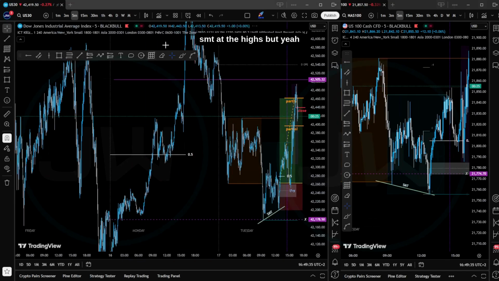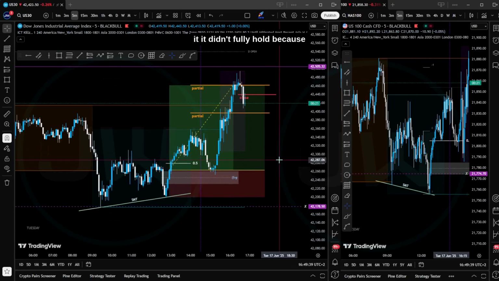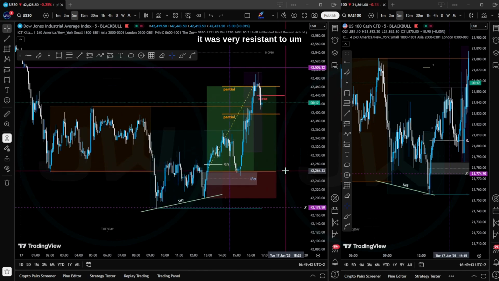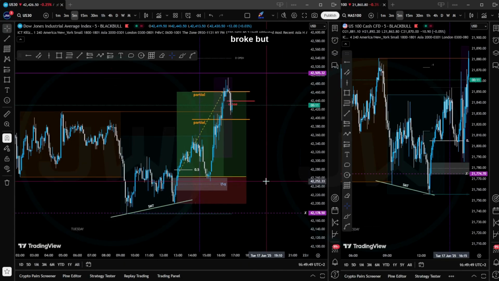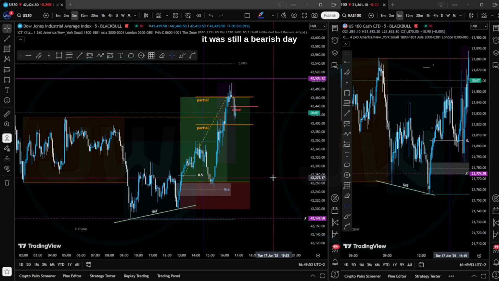We don't want our trade to end up like our previous trade. We had an SMT at the highs, but yeah, it didn't fully hold because it was very resistant to pushing down. So that SMT broke, but it was still a bearish day. It still sold after that.